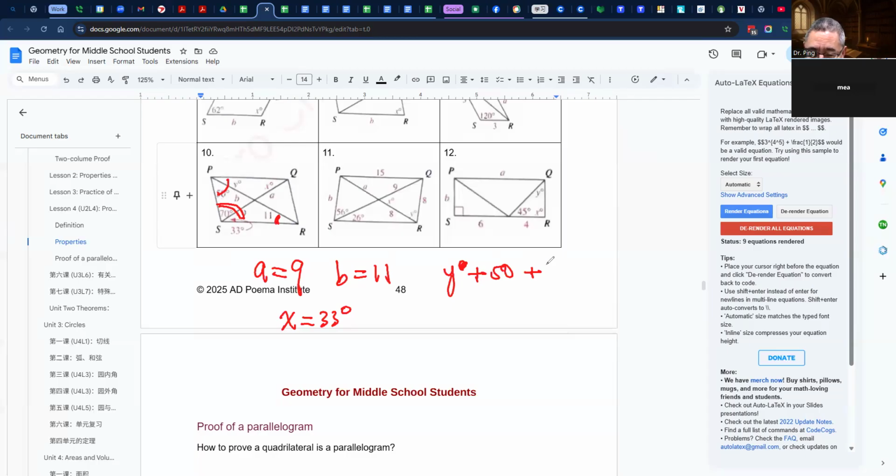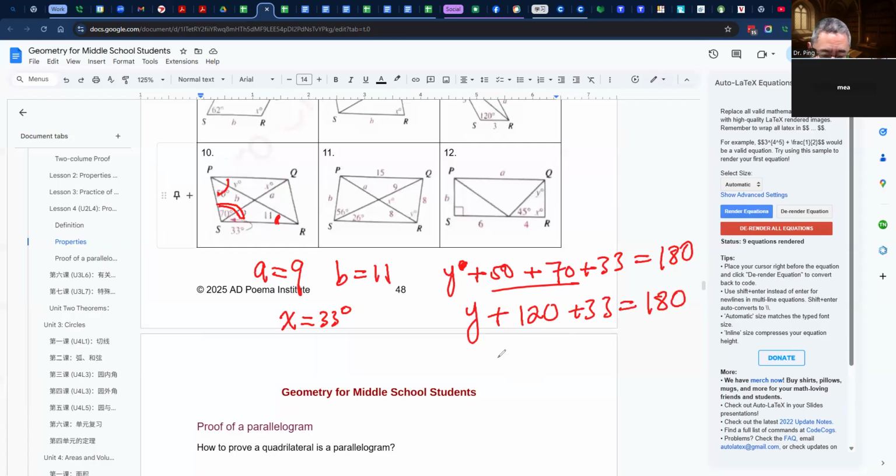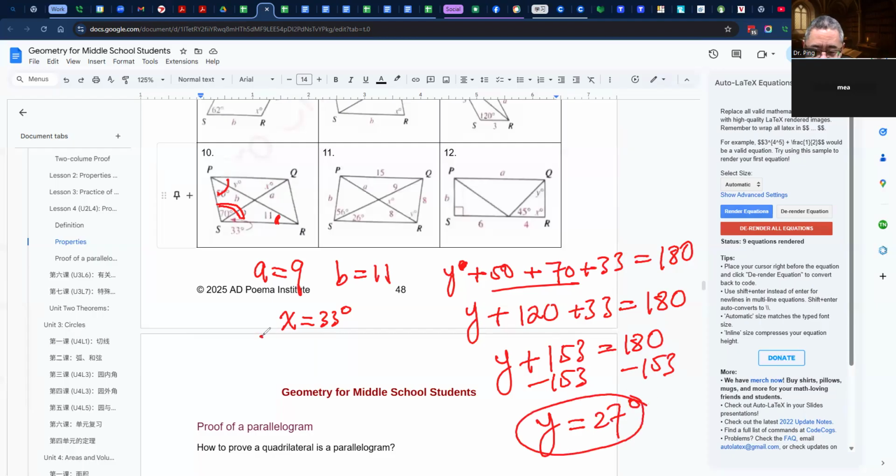Well, this side we have 70 plus 33, that gives 120 plus 33, 180. Then we have Y plus 153 equal to 180. So minus 153 on both sides, then Y will be 27. So that's how we got here. So we good on this one?